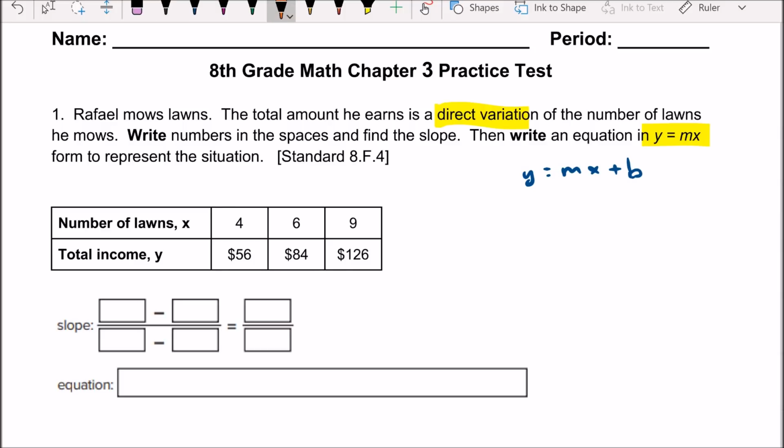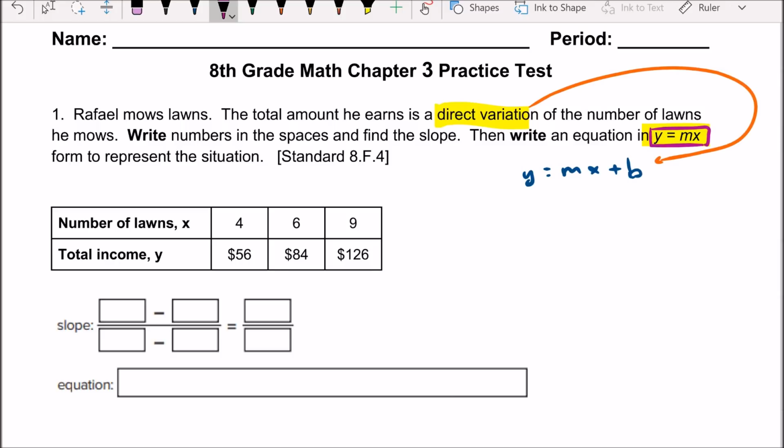When you hear the term direct variation, your b is 0. Direct variation means that the equation will start at the point 0, 0. Then you use the slope, rise over run. That's also the reason why the equation that they give you is y equal to mx, because b is 0, so we don't see b there. So for number 1, you don't have to worry about b.